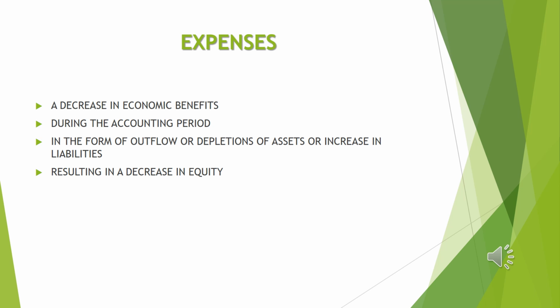For example, if you had an asset and now you are calculating depreciation, even if there is no outflow of cash per se, that diminishing value we call an expense, and the account for that is depreciation.